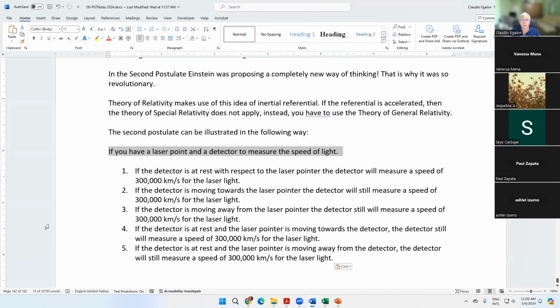If you have a laser pointer and a detector to measure the speed of light, if the detector is at rest with respect to the laser pointer, the detector will measure a speed of 300,000 kilometers per second for the laser, right? If the detector is moving towards the laser pointer, the detector will still measure 300,000 kilometers per second, and so on. 5 different situations.